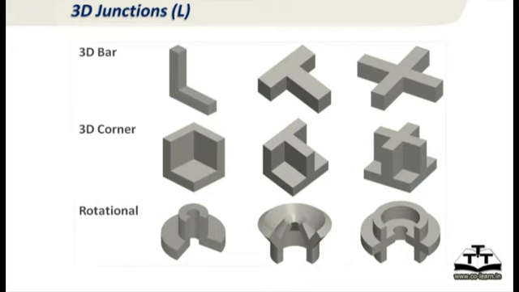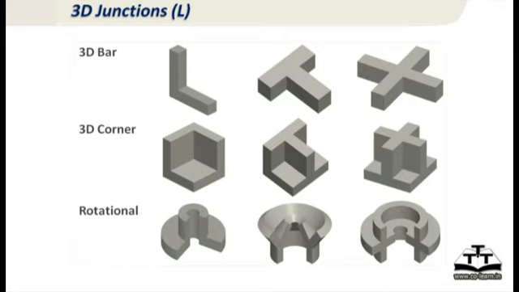Now look at it, these are also, the first column is still an L junction, but do you recognize that L junction? One is a bar L, second is a 3D L corner kind of thing, and third one is an L in a rotational cross section. The trick is to be able to see a drawing and recognize these junctions, because each junction has its own language, its own characteristics, its own problems.